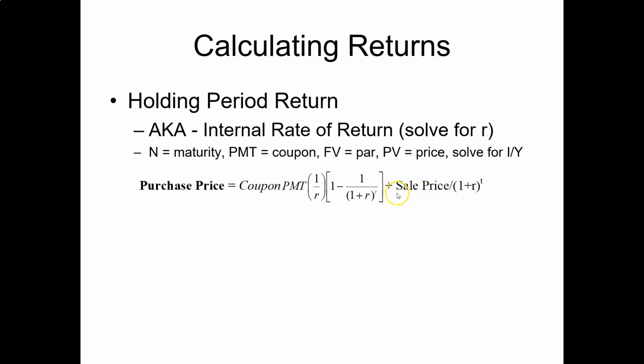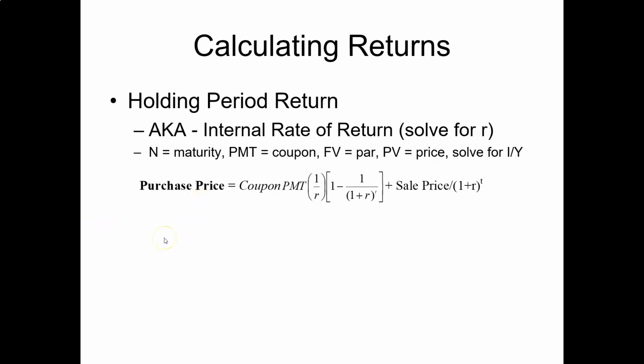And then we calculate the present value of the selling price with this 25 years discounting factor. And then we calculate the present value of the coupon payment for the next 25 years. And then we combine these two parts together to calculate the current price or the present value of this bond investment.